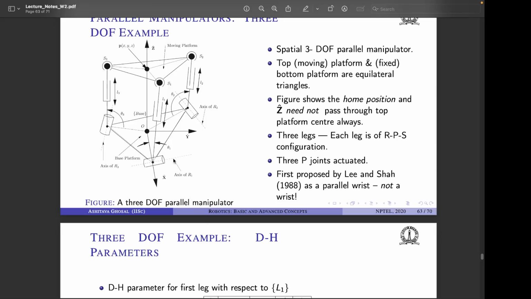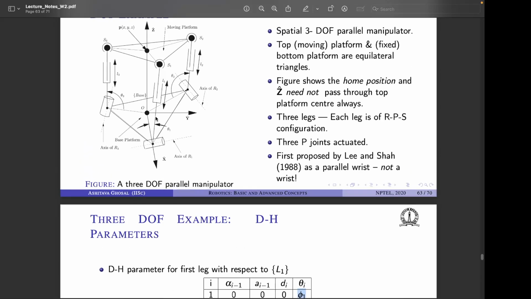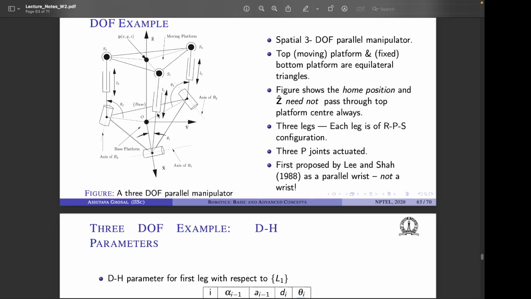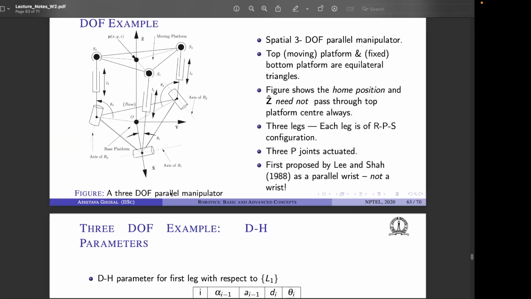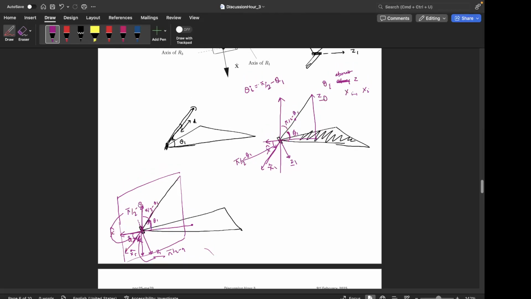And if you take that, then the z would be about x, minus pi by 2.